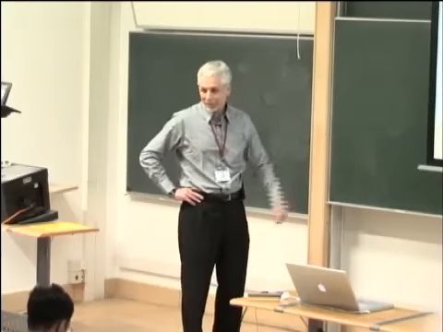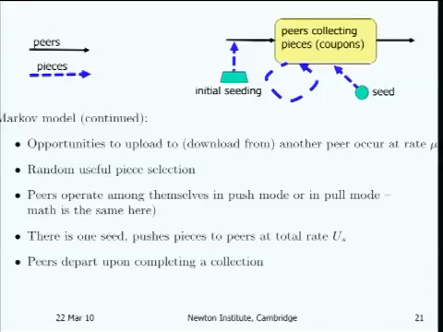But this is the model. Whether the peers are operating in push mode or pull mode doesn't really matter in the mathematics, because each peer has these opportunities according to a Poisson process of rate mu, independently of how many peers are in the system.